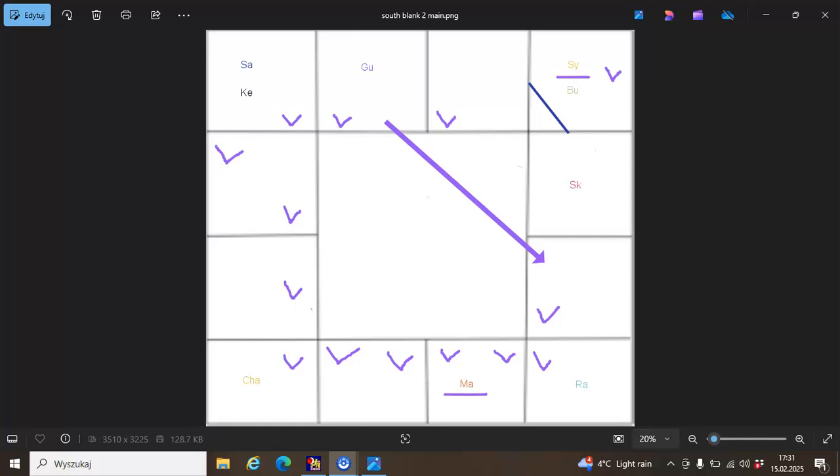Kumbha or Aquarius is an odd sign, so our counting will be clockwise. So let's count: Kumbha 1, Mina 2, and here we have found our Shani in the sign of Mina. So our Mahadasha of Kumbha will consist of, again, only 2 years.